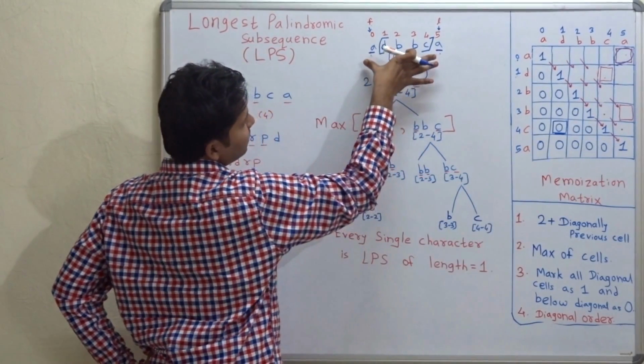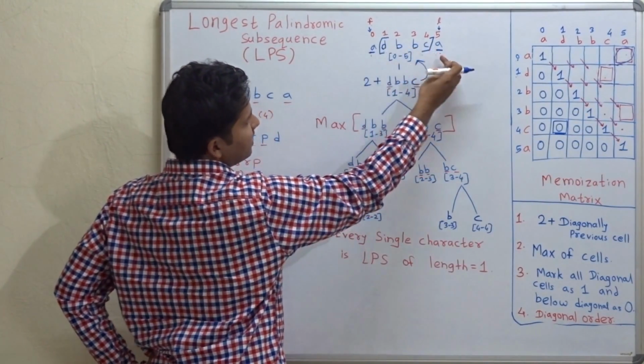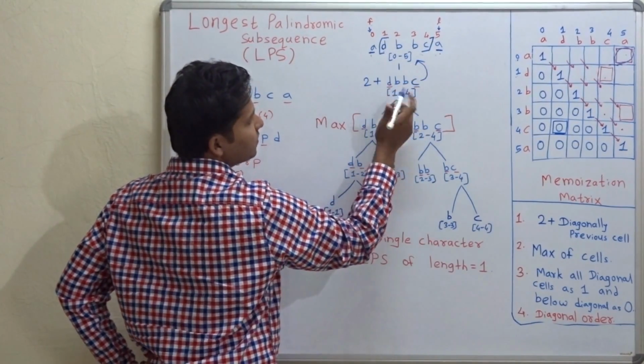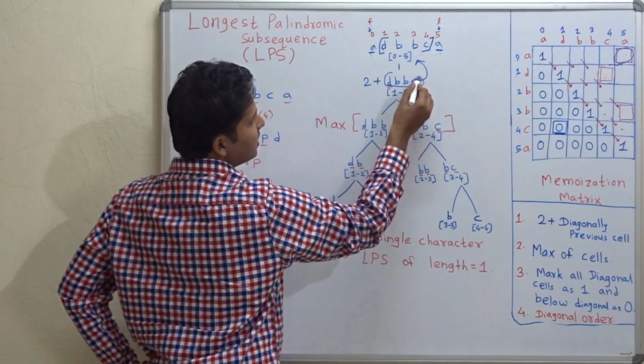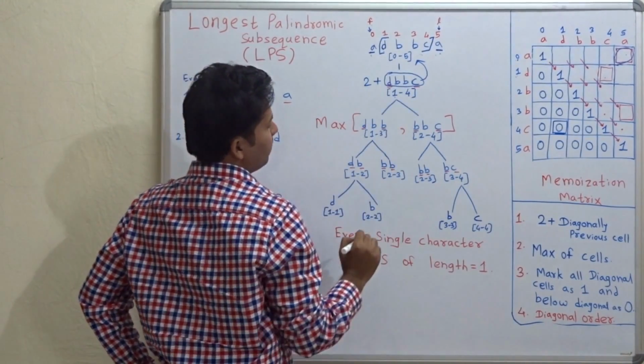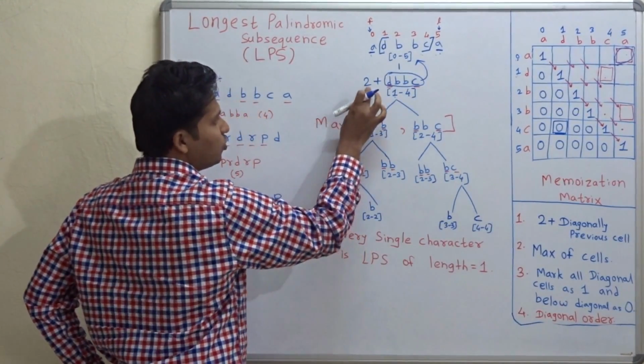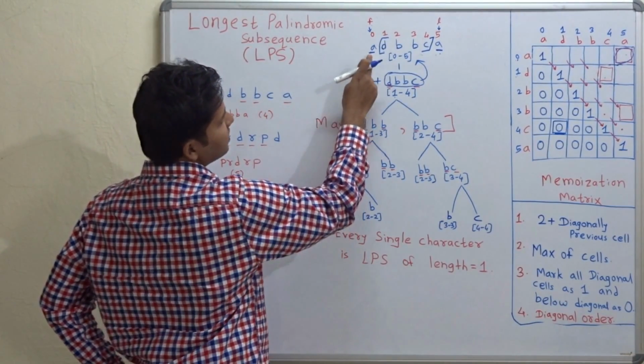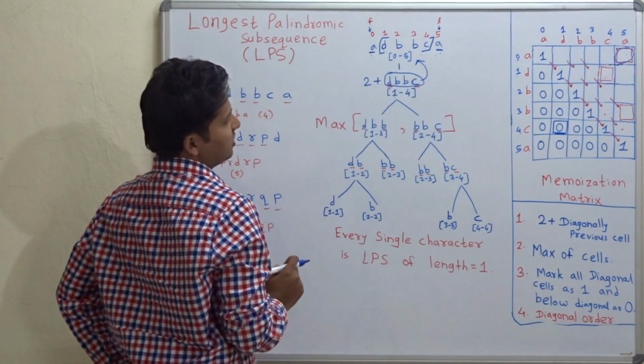And the length of the LPS is dependent on the length of the LPS of DBBC, means the index 1 to 4, and we add 2 because the first and last character match.